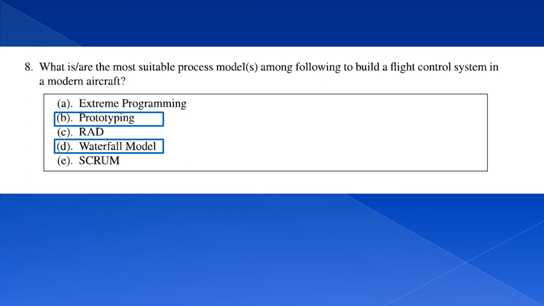So it's very important to show the clients or the aircraft engineers what they will be getting at the end, right? So it's very important to provide prototypes, dummy setups, and to get their approvals step by step, and finally to develop the aircraft control system.